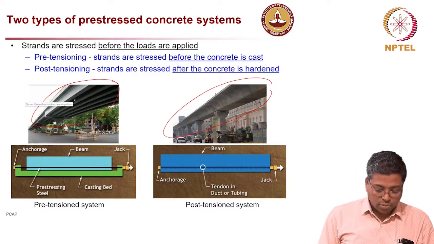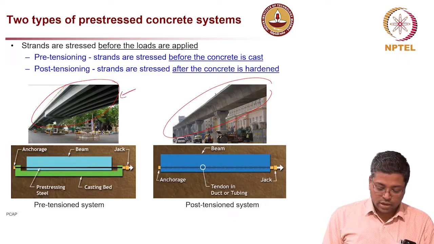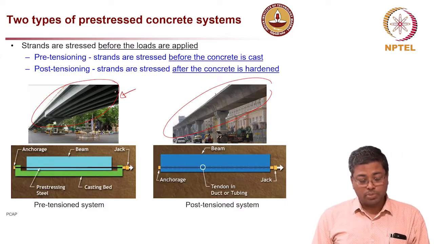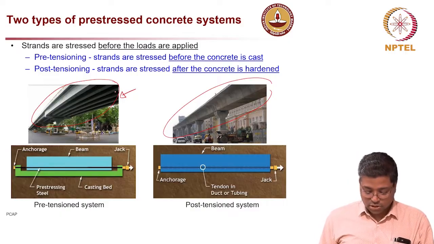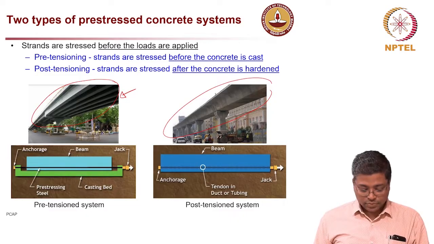I would also like to mention that if you see an I-girder, it is not necessarily always pre-tension; there could also be a post-tension system. You will see some photos of these in the remainder of the lecture.